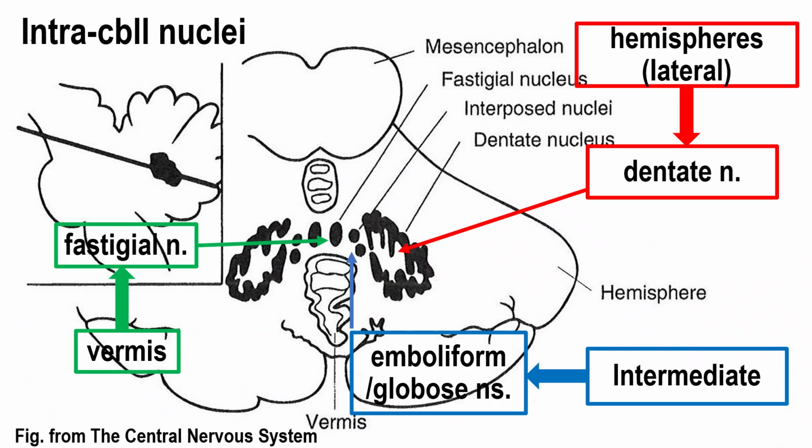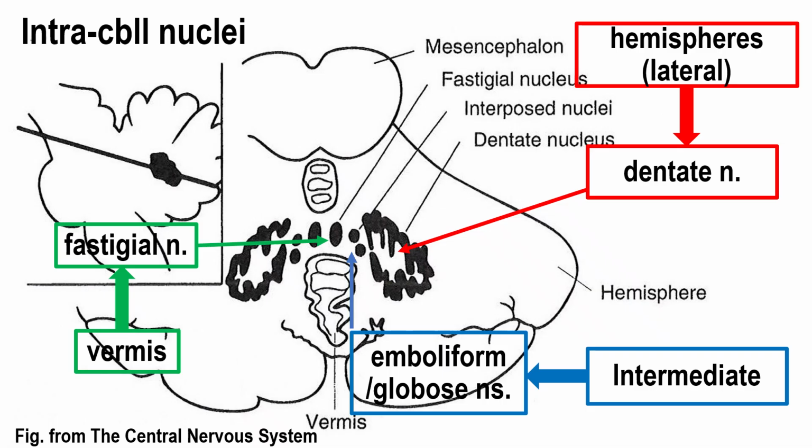This slide describes the intracerebellar nuclei and their fiber connections. The intracerebellar nuclei, located in the central part of the cerebellar white matter, serve as relay stations for efferent fibers from the cerebellar cortex.